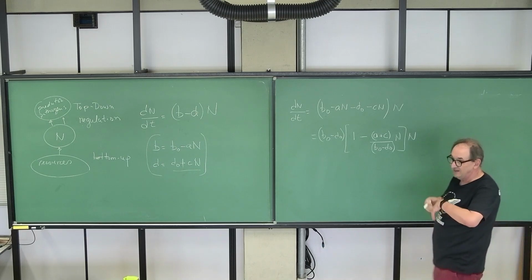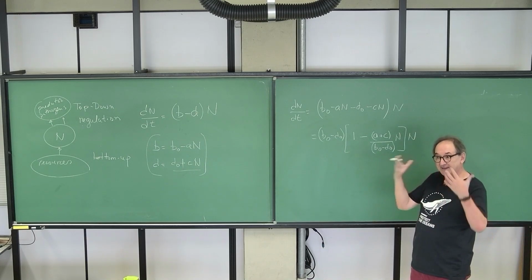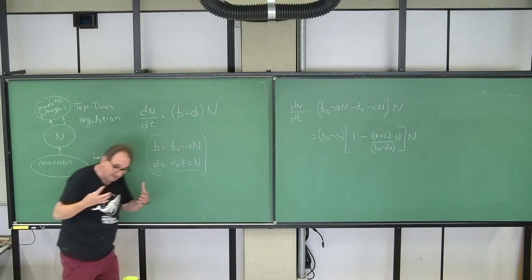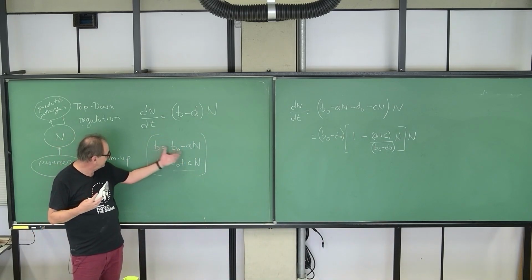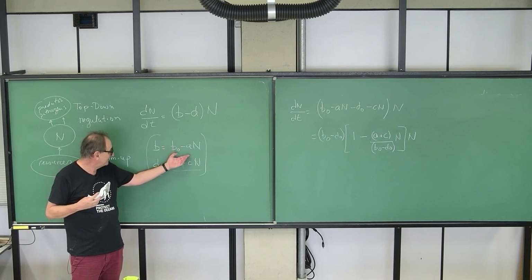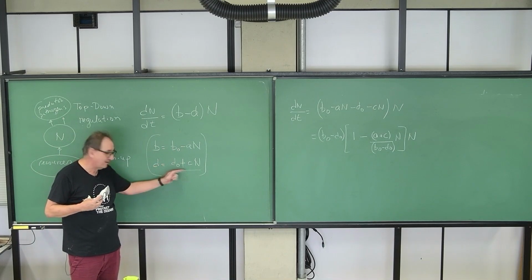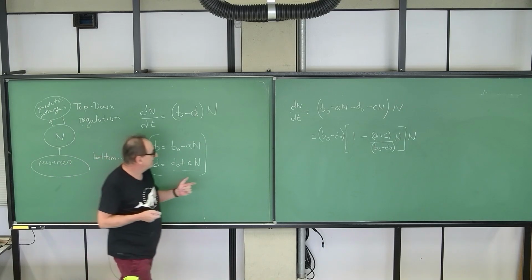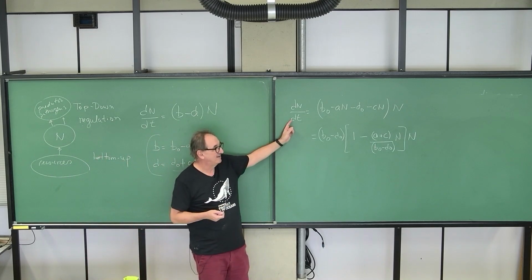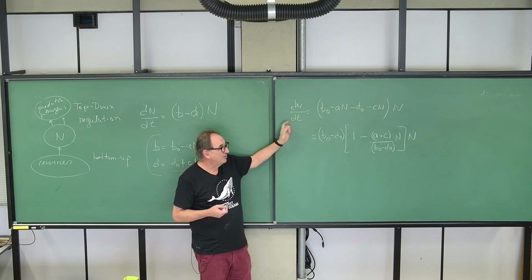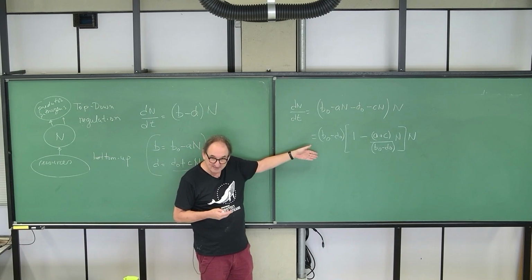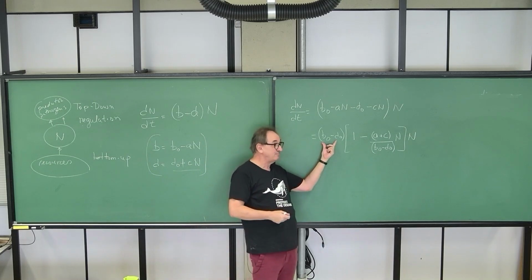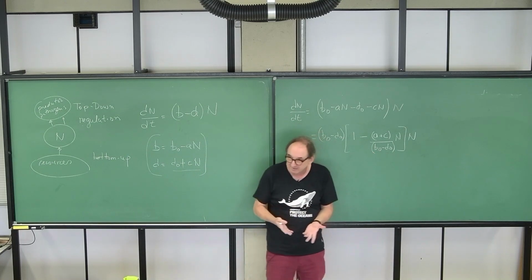So at the end, we had 4 parameters. It turns out that the equation can be reduced to have only 2 parameters, in the sense that only this combination and this combination are important.